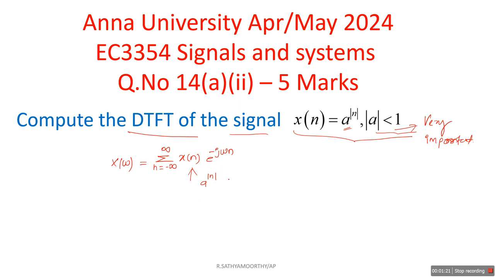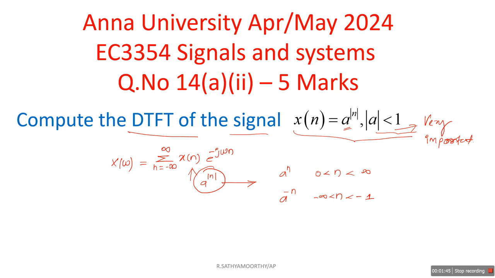Now this a to the power mod of n can be written as a to the power of n when n varies from 0 to infinity, whereas this x of n becomes a to the power minus n when n varies from minus infinity to minus 1.